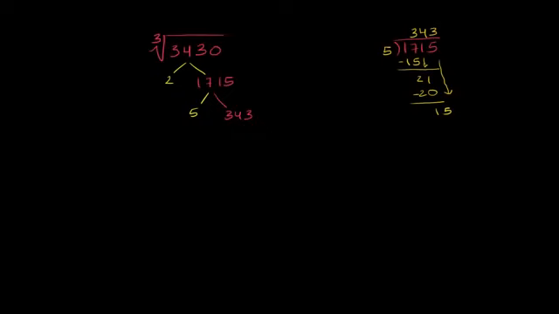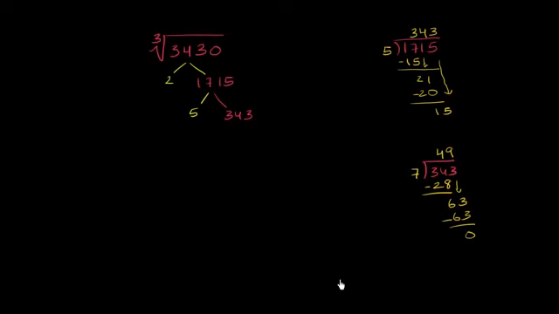So if I take 343, and if I want to divide it by 7, 7 goes into 3, doesn't go. 7 goes into 34 4 times. 4 times 7 is 28. Subtract, 34 minus 28 is 6. Bring down a 3. 7 goes into 63 9 times. 9 times 7 is 63.